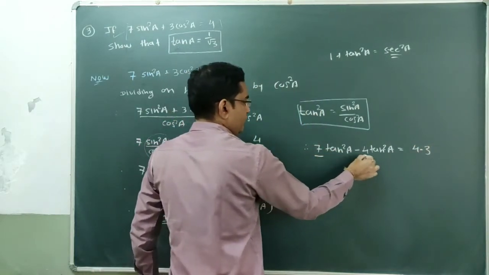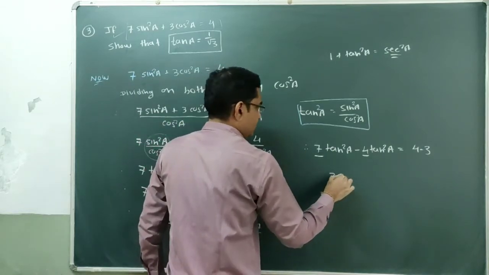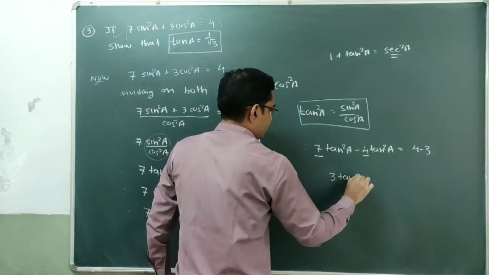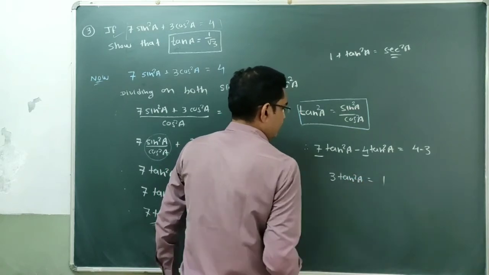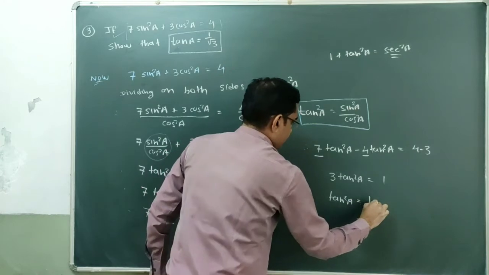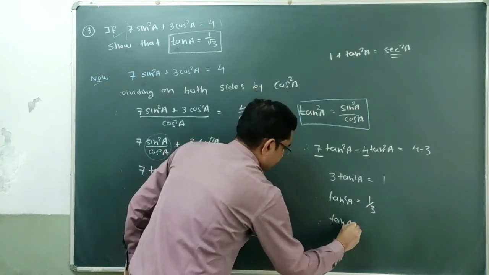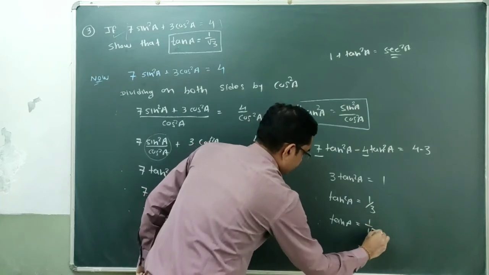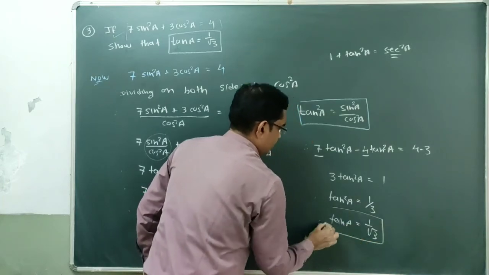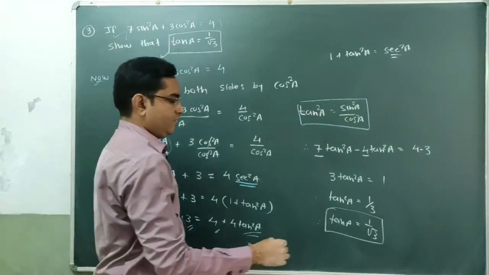So 7 tan square a minus 4 tan square a will be 3 tan square a, and that is equal to 1. And therefore tan square a equals 1 by 3, and tan a will be 1 upon root 3. So the value of tan a is 1 upon root 3. That we have to prove. Hence proved.